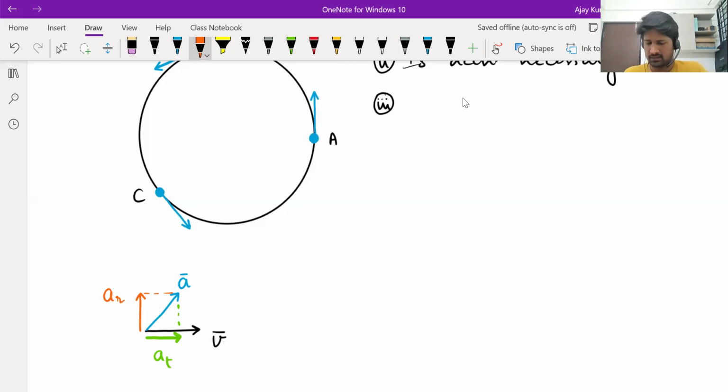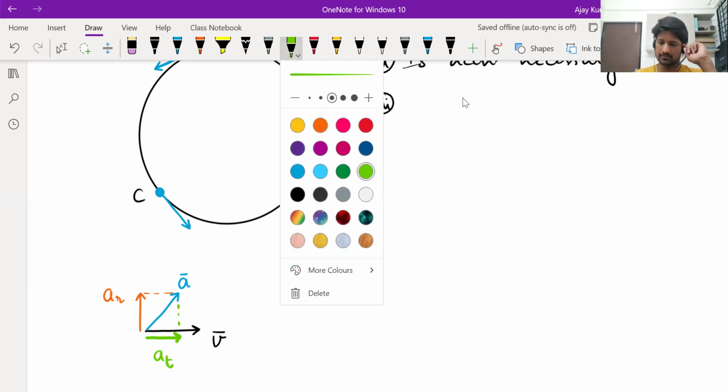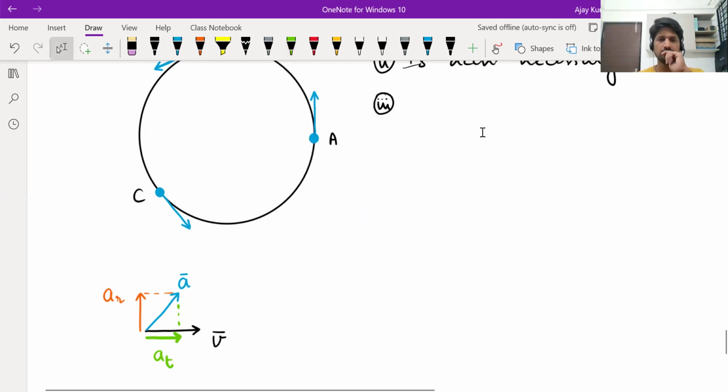Okay. Can one of you quickly tell me what does tangential acceleration do to an object? We had discussed this before also. Acceleration along the direction of velocity, what does it do to an object? We had discussed this in the beginning of projectile motion in a plane also.